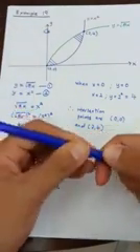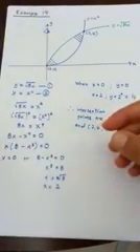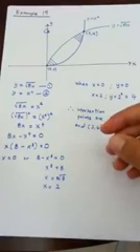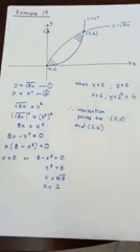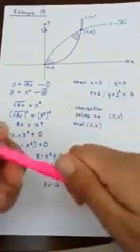Since our y-axis is a vertical axis, we're going to have a horizontal strip. So we draw a horizontal strip.